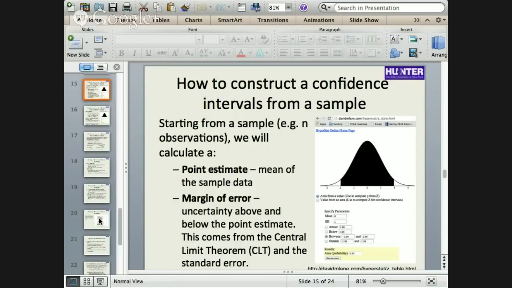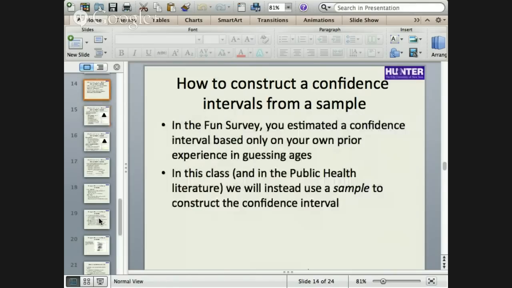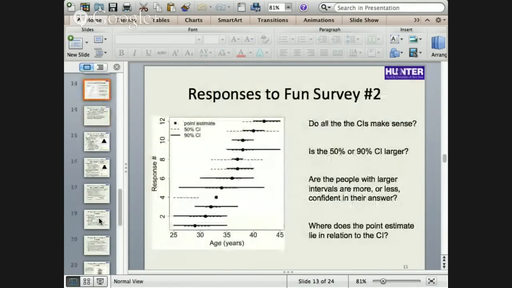Yes, question? I was wondering, why did you use this form of plotting? Could you use another form like the histogram or plot the age in order to calculate the? Oh, yeah, good question. Why did I do this? This is a much more complicated plot to make than a histogram, and I don't expect you to be able to make a plot like this.